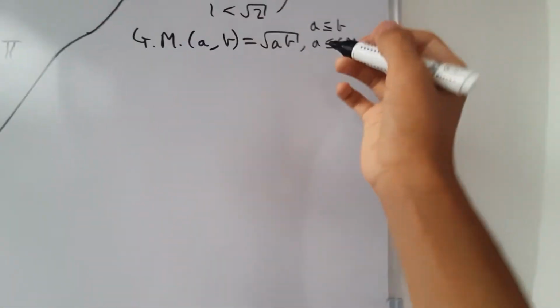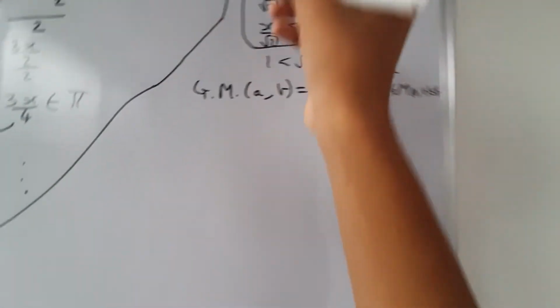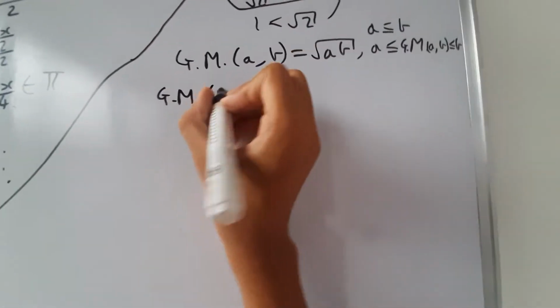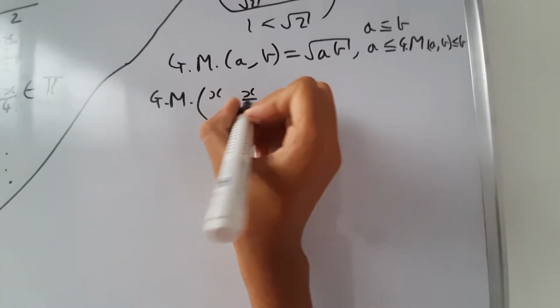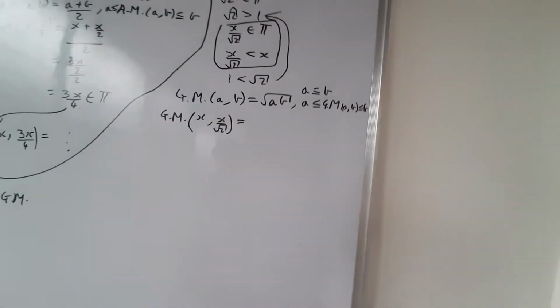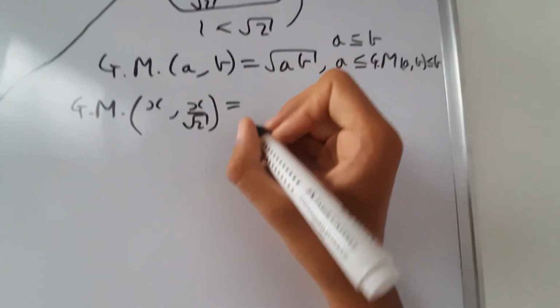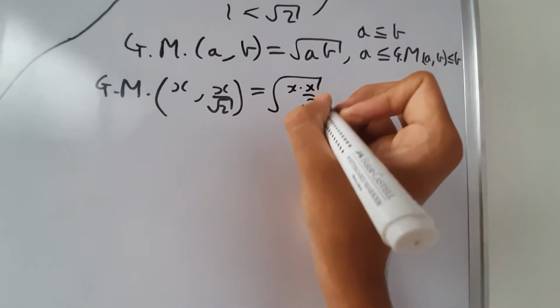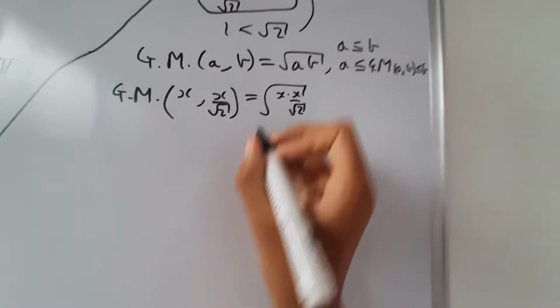Anyways, from here we take the GM of x and, let's see, x by root 2, right? So these numbers are the square root of x times x upon root 2. Now we just simplify, right?